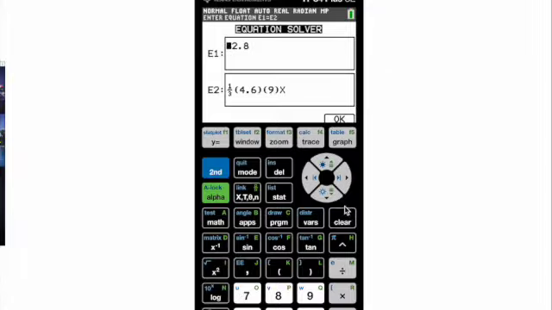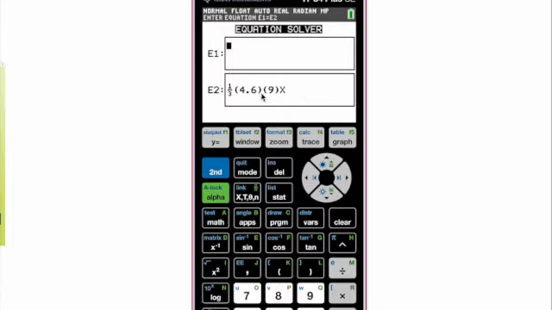And I'm going to clear this out. I want to clear the whole thing, but I don't know why it's not letting me. Let me see what happens.